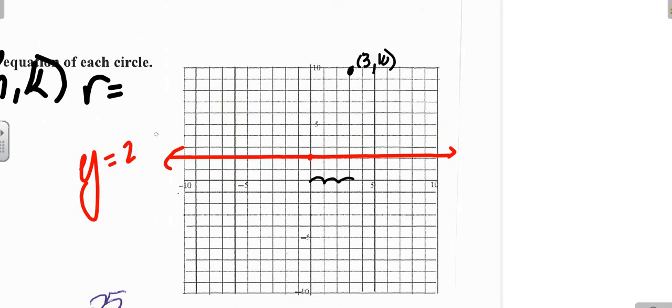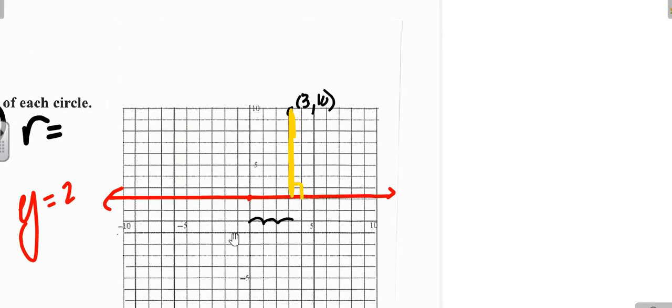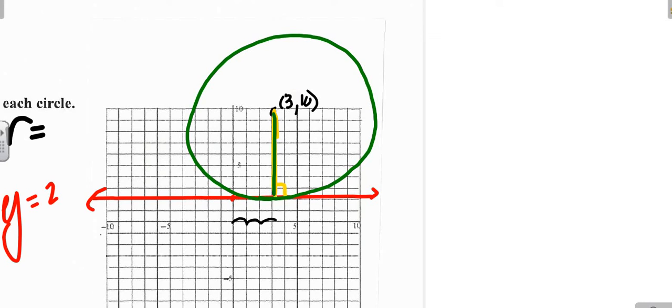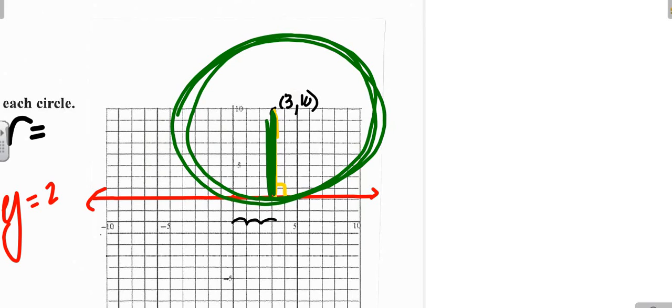Now, the trick to this is knowing that a radius and a tangent always make a right angle. So when I go like this, my circle is going to go around like so. There's my imaginary circle. There's my radius that I need.